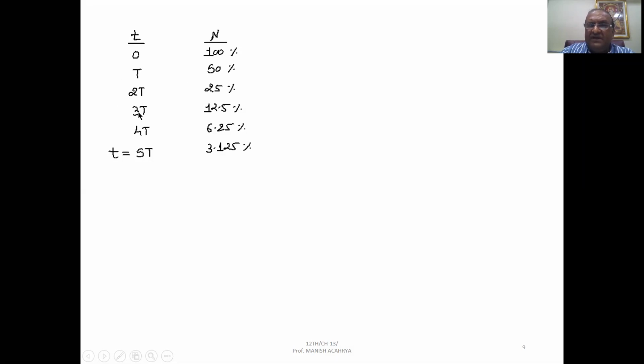After time 3T, again half, so 12.5% will be undecayed. At 4T, 6.25%. So at 5T time, 3.125%. So this is also a very simple method. You can use any one.